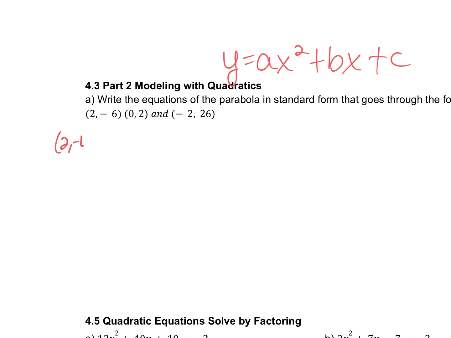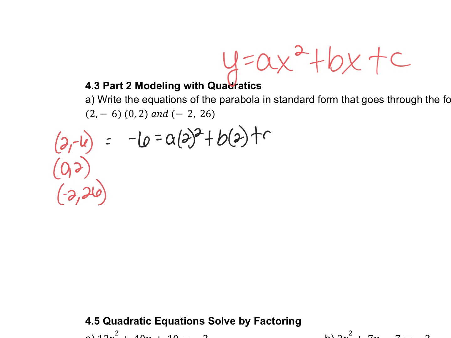So we have our coordinates. All right, and so I'm going to be plugging the x and the y into that standard form. So it would be negative 6 equals a times 2 squared plus b times 2 plus c.